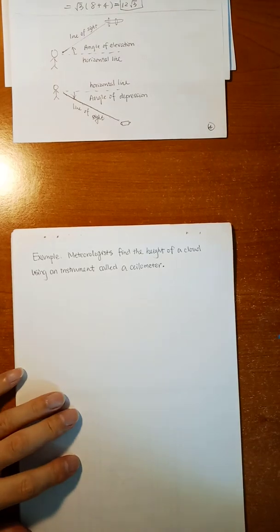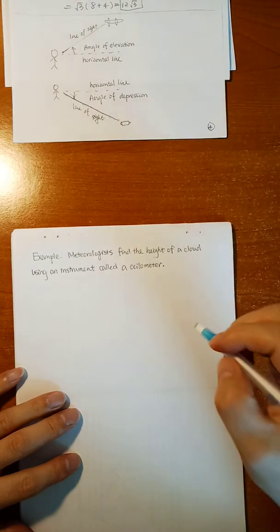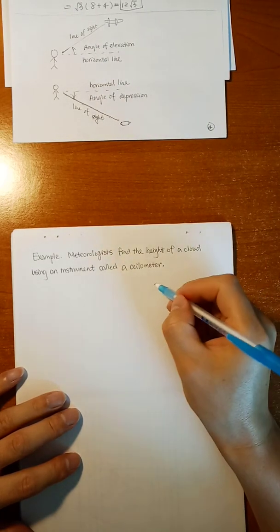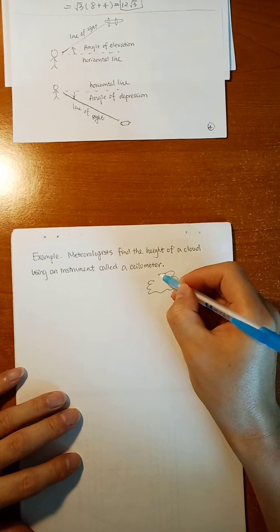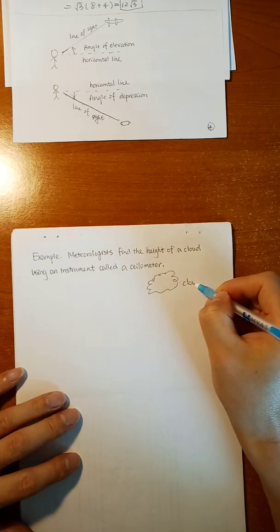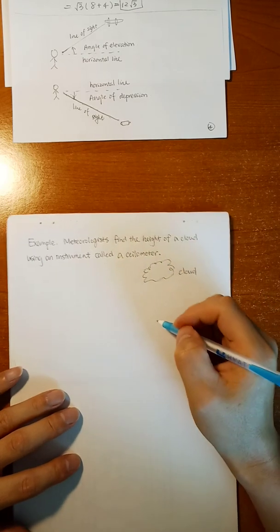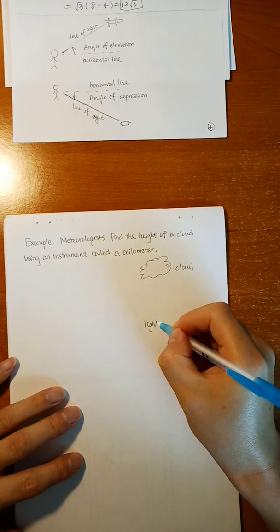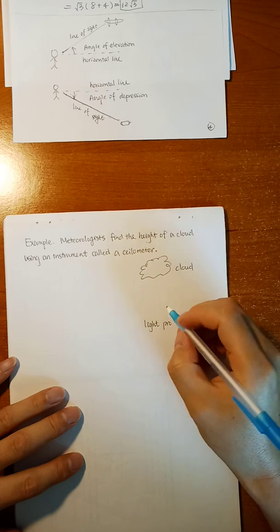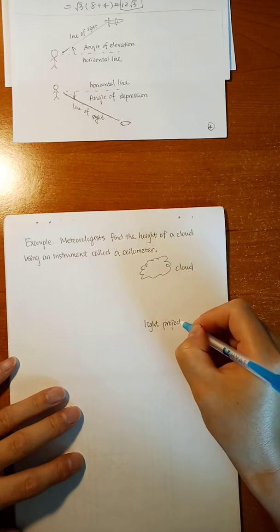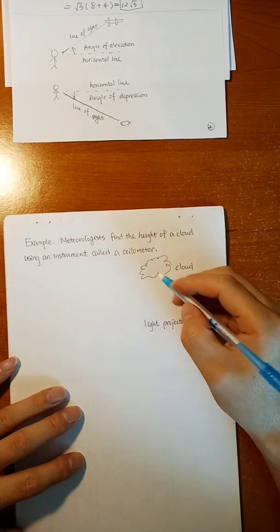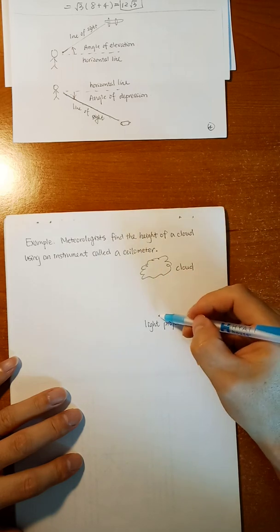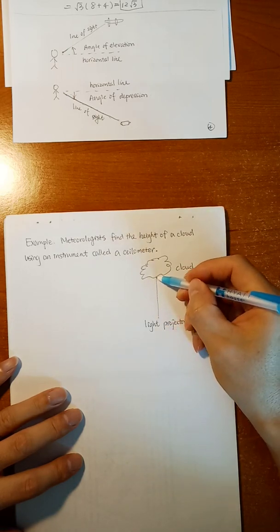What is a ceilometer? Okay, let's avoid the words and just talk about some abstraction. So there's a cloud. There is a light projector right below the cloud. It projects some light to it.